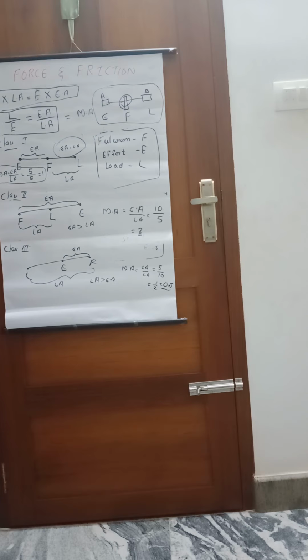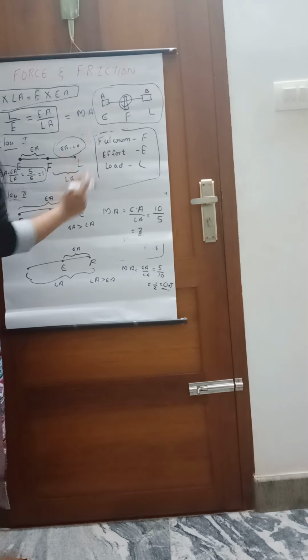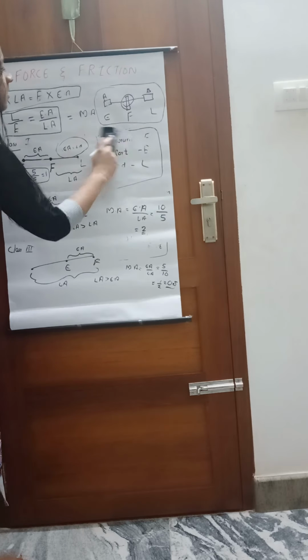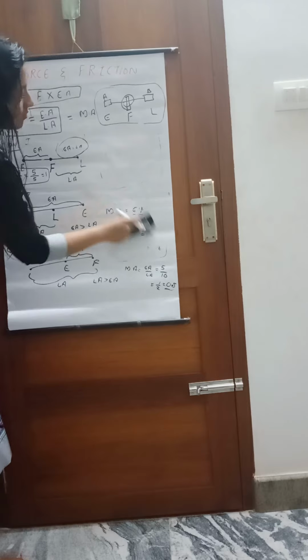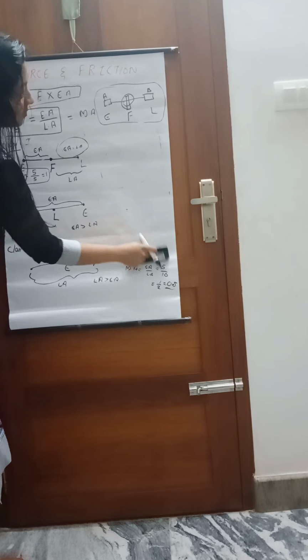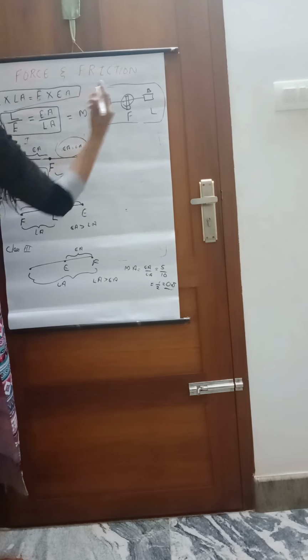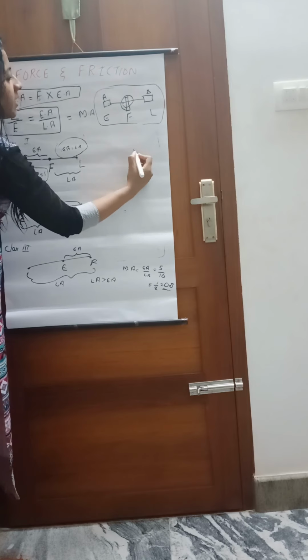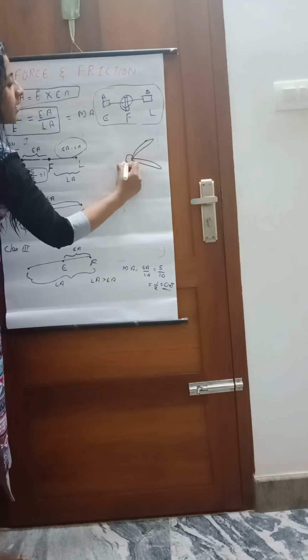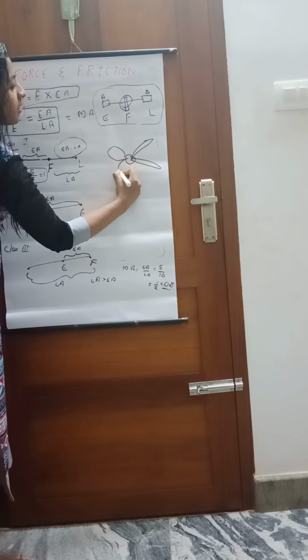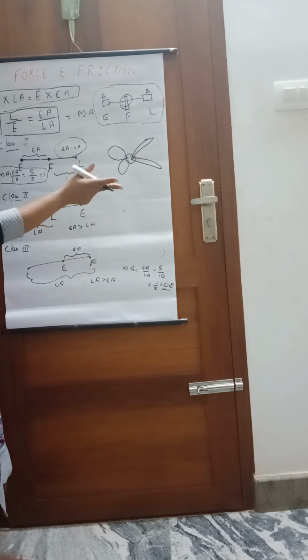We can see the same thing in the case of scissors. So this is the seesaw, next one is scissors. I'm just drawing roughly. This is my scissors, which is used to cut.